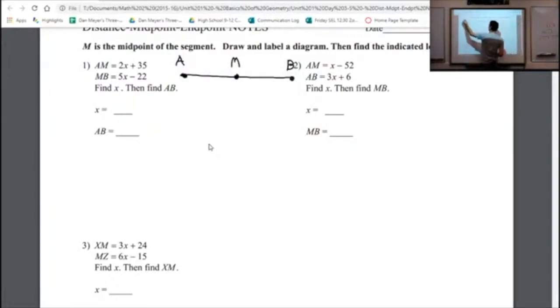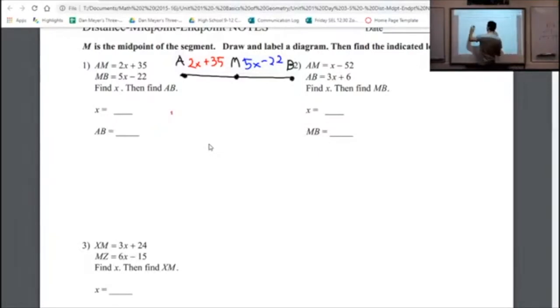A to M is 2x plus 35. So that's our distance from A to M. M to B is 5x minus 22. So that's this piece here from M out to B. And what we know is that because M is the midpoint, those two pieces have to be the same.